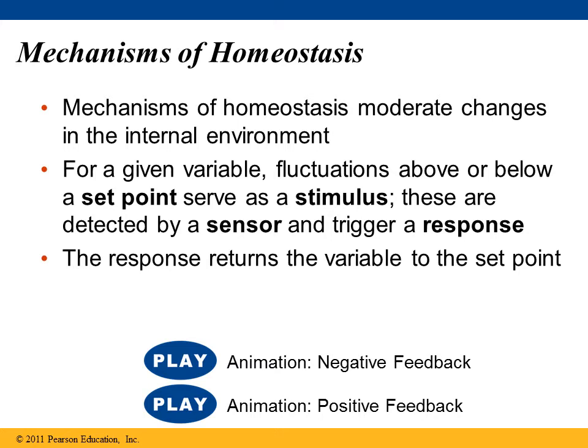How homeostasis works is, for a given variable such as temperature or blood pH, there is a set point, which is the level when the body is in homeostasis. Changes above or below a set point serve as a stimulus. Remember that a stimulus is something that causes a response. Changes that cause the stimulus are detected by a sensor and trigger a response which returns the variable to the set point. This is known as a feedback loop.